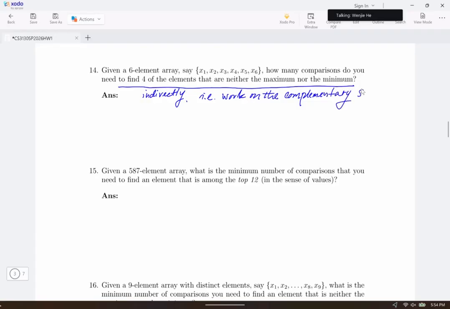So that is, we select max and min first, right? We know how to do it. After that, remaining.